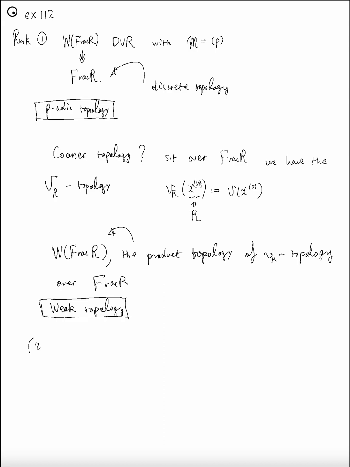And then correspondingly on this B-dR plus, which we have just introduced in the last exercise, there are two natural topologies also. The first topology is the topology of discrete valuation.